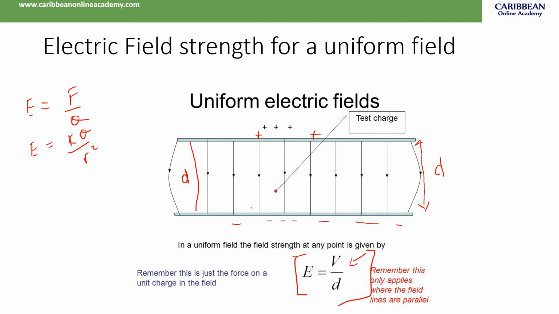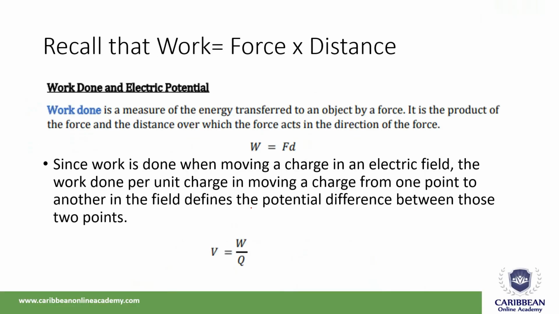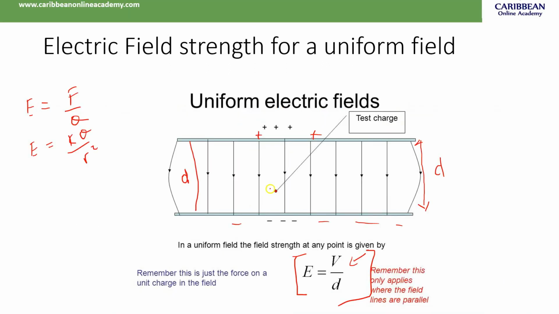Now, in order for us to do that, we must start from the standpoint that if we had a charge inside of the parallel plate, as you can see here, and you're moving this charge from the top plate to the bottom plate, clearly work is being done, right?